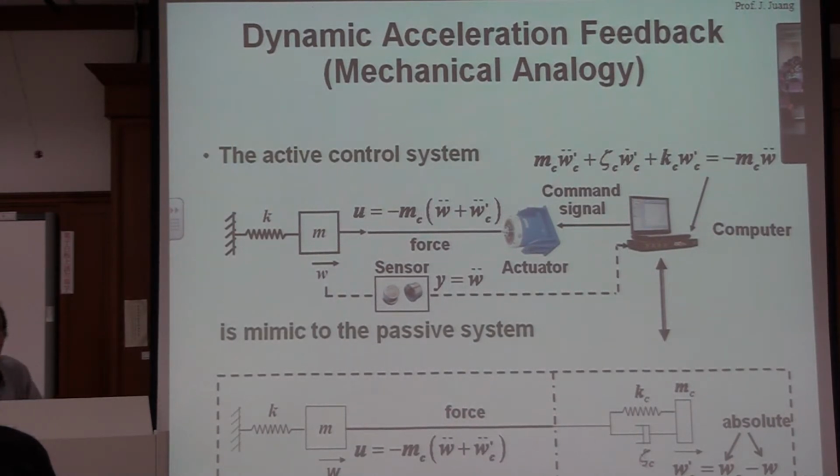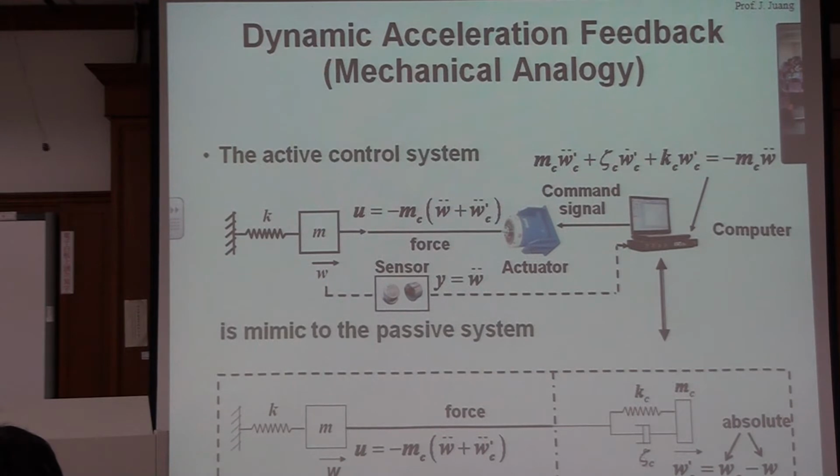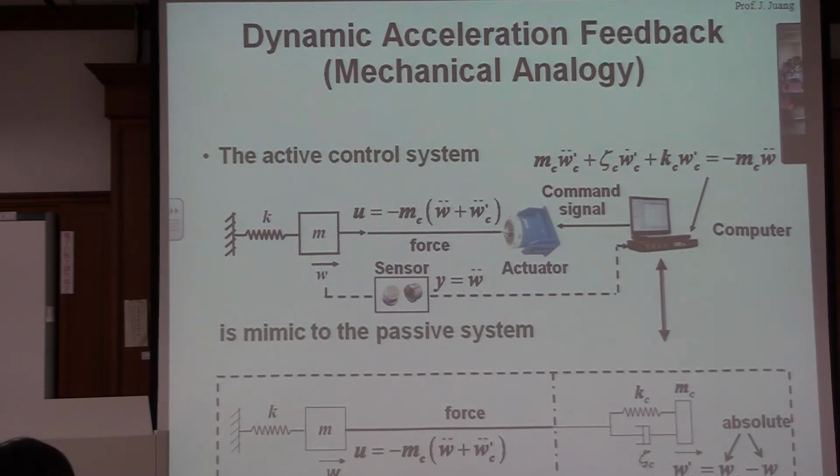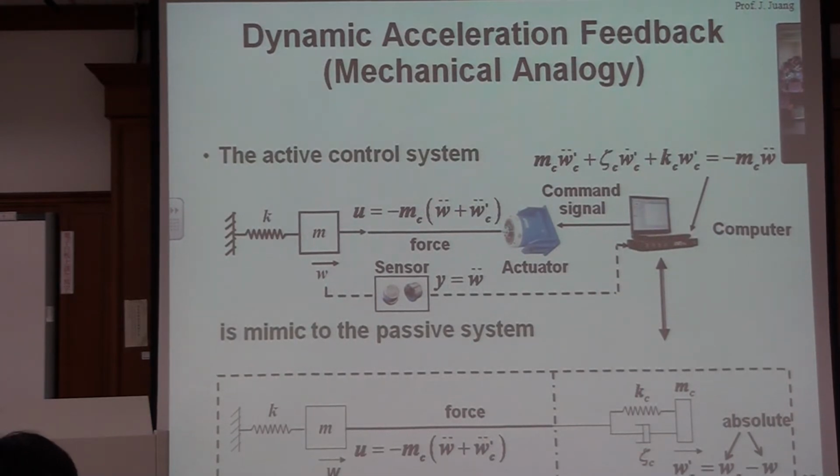Can you see the differences between this and the displacement? I did not bother to prove that MT is positive definite anymore, because you use exactly the same process in deriving the MT, the KT for displacement feedback.